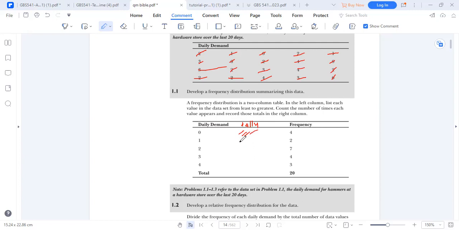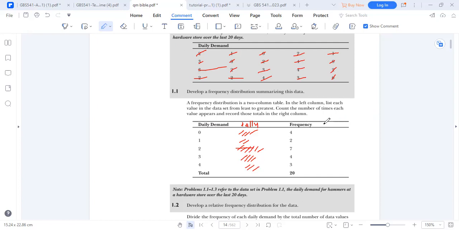The ones are 2: 1, 2. The twos are 7: 1, 2, 3, 4, 5, and this is how we write 5, 6, 7. So the twos are 7. The threes are 4, and the fours are 3. Are we following? Are we together? Yes, we are.